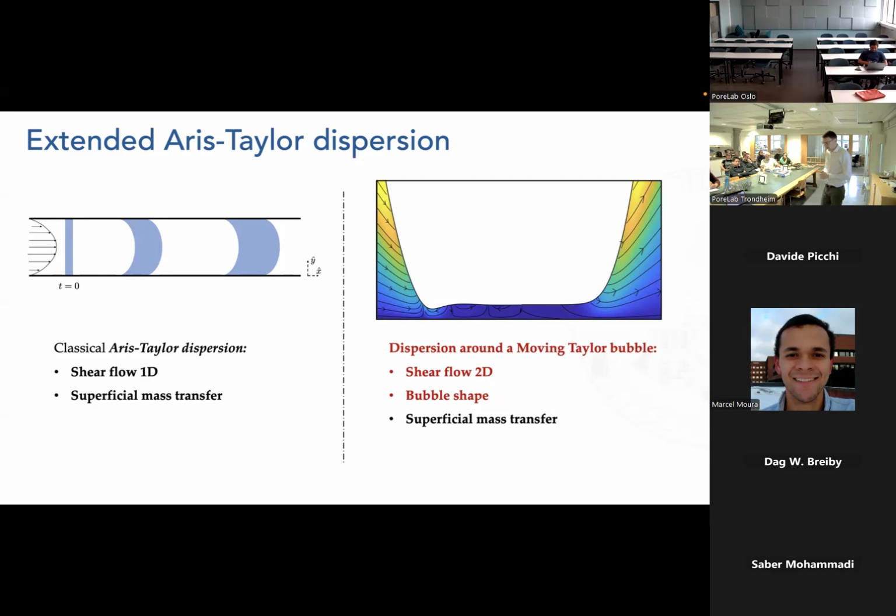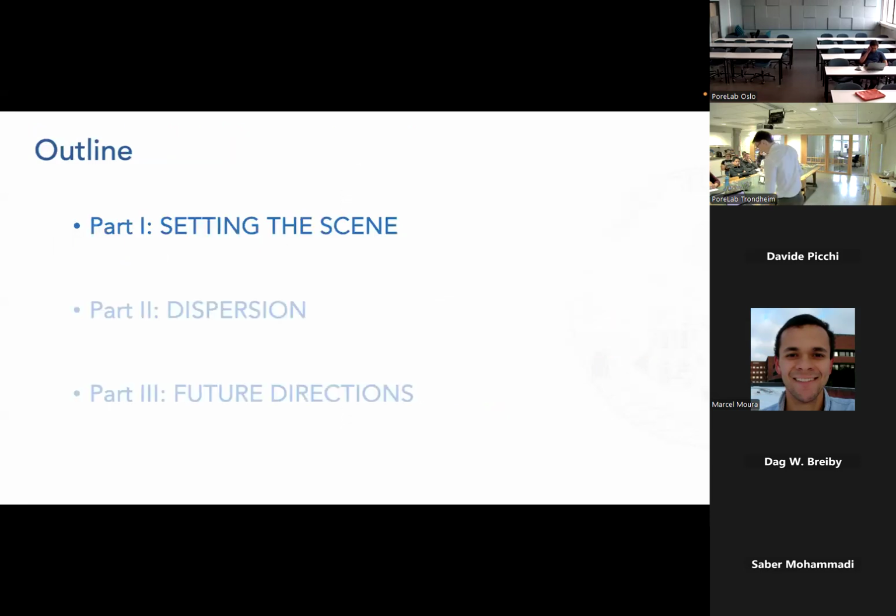This is the idea, and the structure of the talk is the following. Before going into the details of the dispersion part, I just want to briefly review the Bretherton theory that allows us to describe the flow within the film of the Taylor bubbles, because I think this is necessary to better understand the mass transfer part, which will be the core of the presentation.